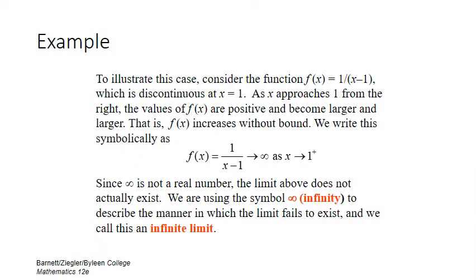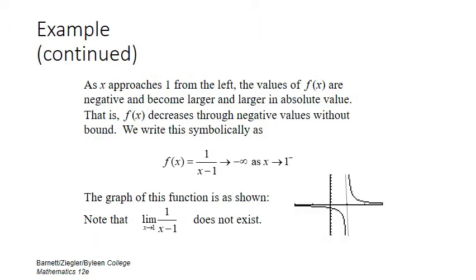Here you can see the same example. It is approaching infinity when x is going towards a. Since infinity is not a real number, the limit above does not actually exist, and we use the symbol infinity to describe the manner in which the limit fails to exist, and we call this an infinite limit.